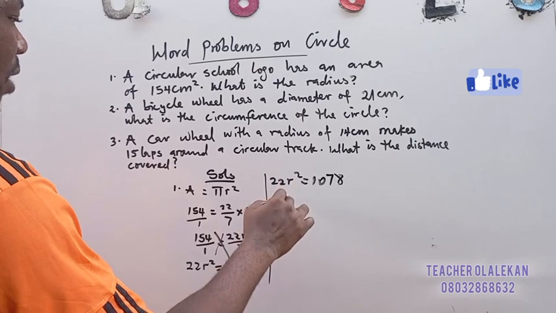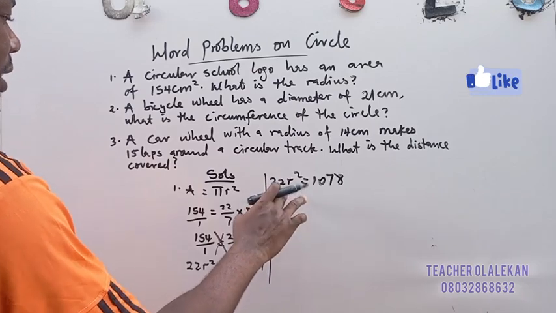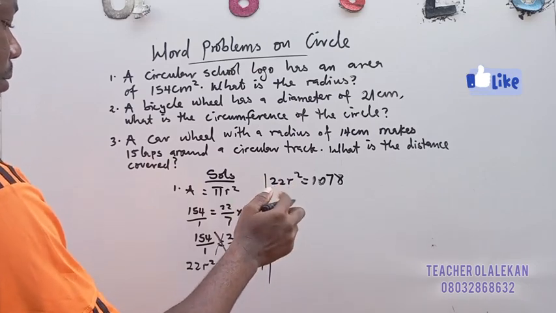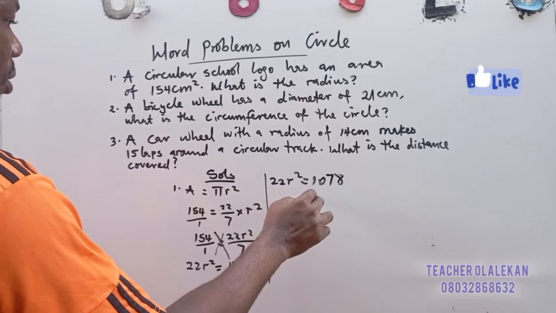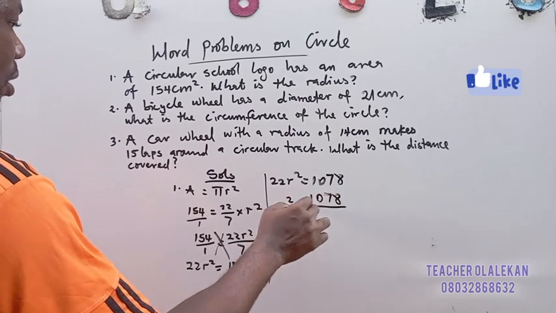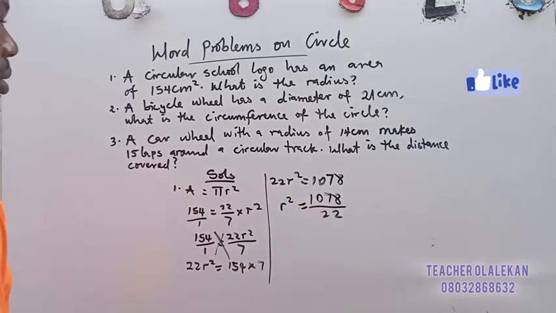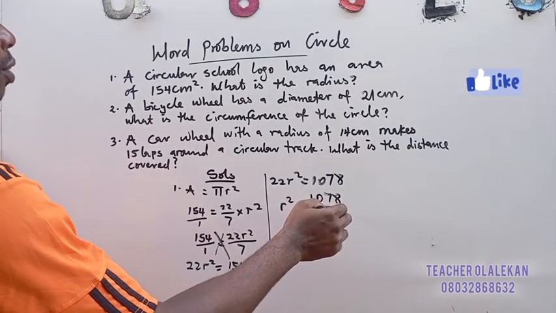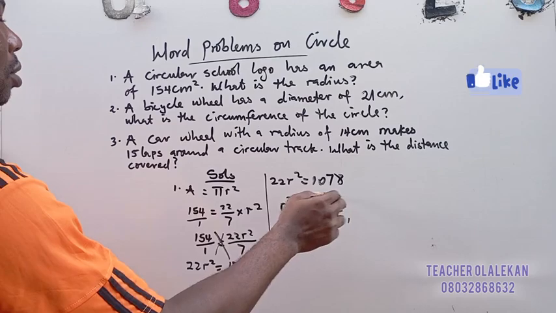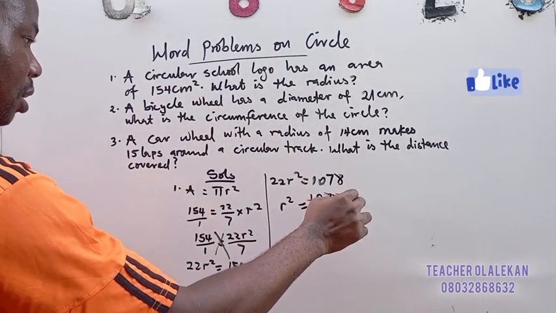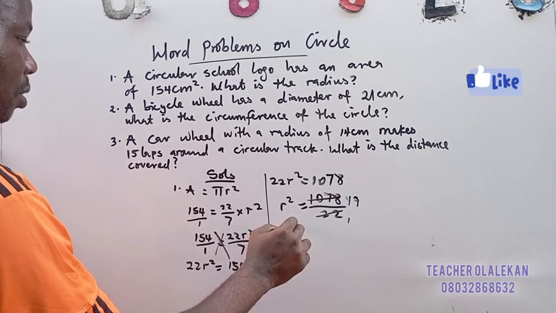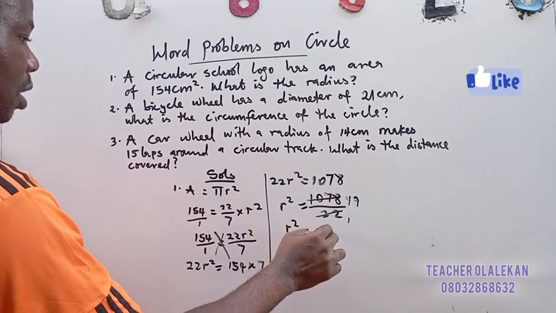At this stage we divide both sides by 22. So radius square will be equal to 1078 divided by 22. When we divide this, we get 49. So our radius square is equal to 49.